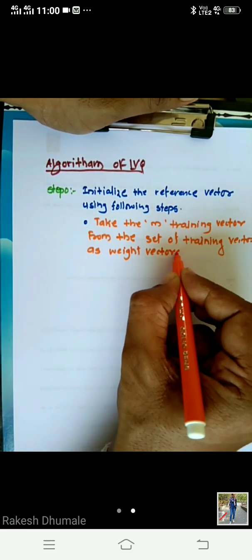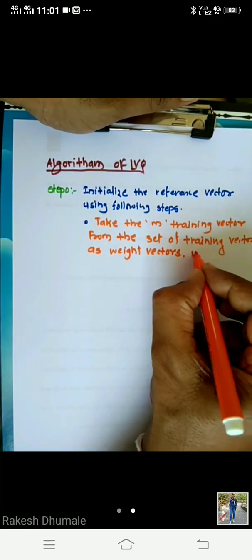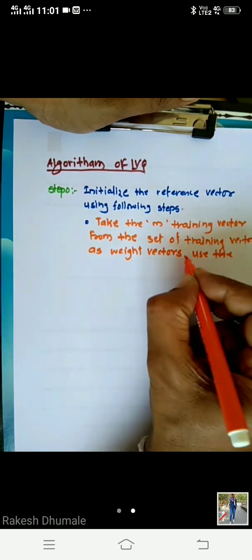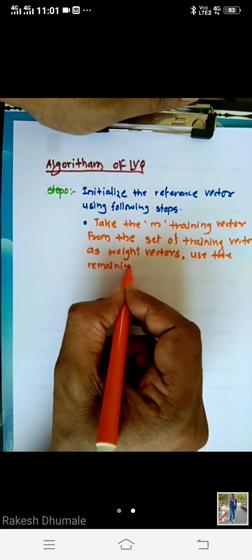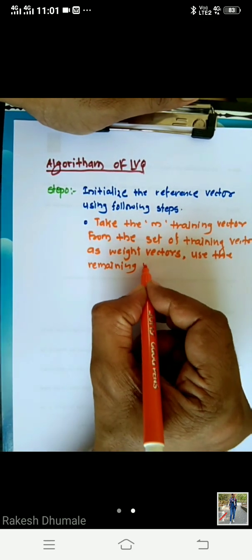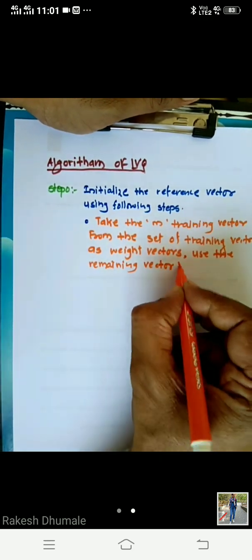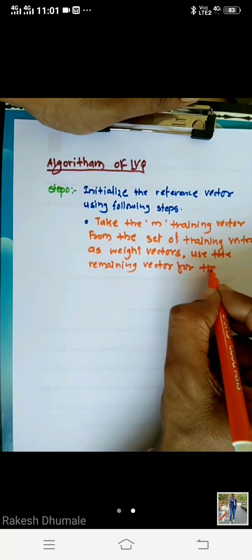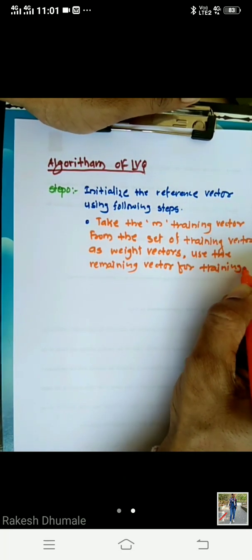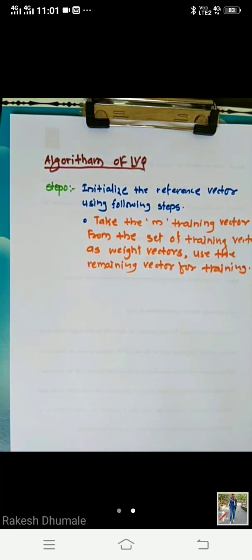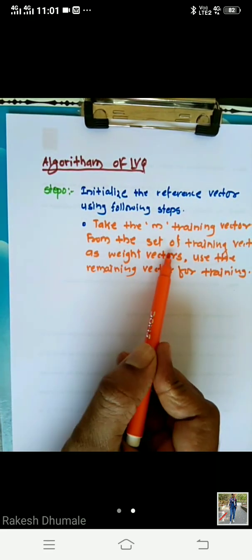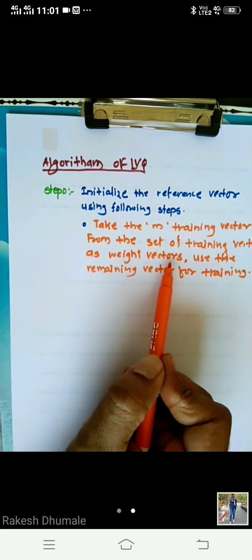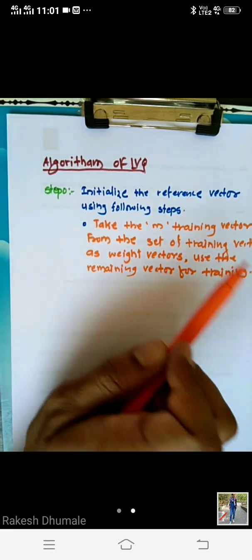Use the remaining vectors for training. What is the first step? Take the m training vectors from the set of training vectors as weight vectors. Use the remaining vectors for the training.